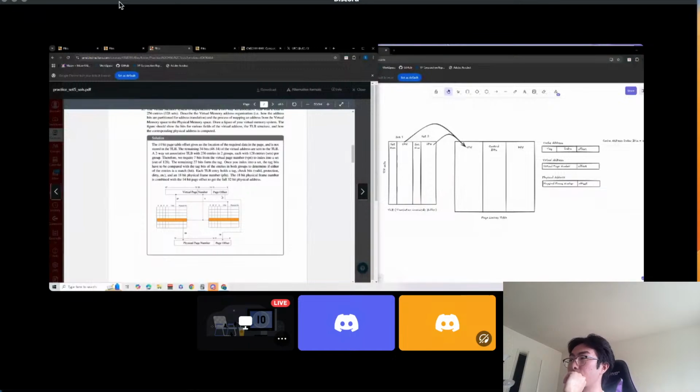So this will be 27 plus 18 plus 4. Okay, does the cache store index bits? Does a TLB store index bits?